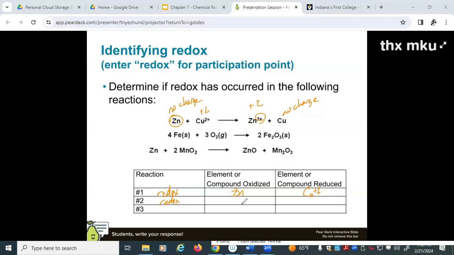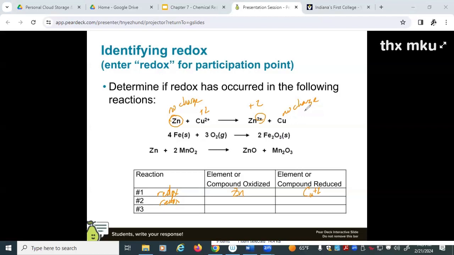So now we have to get into what is being oxidized, what is being reduced. It's going to be hard to do that without thinking about charges. Luckily, we have some charges that we should know.